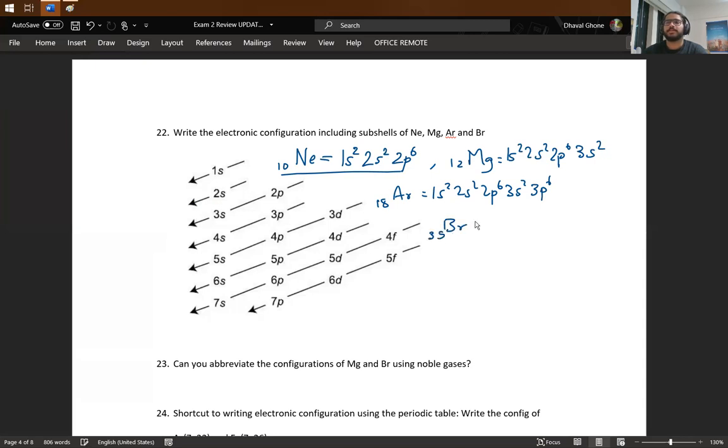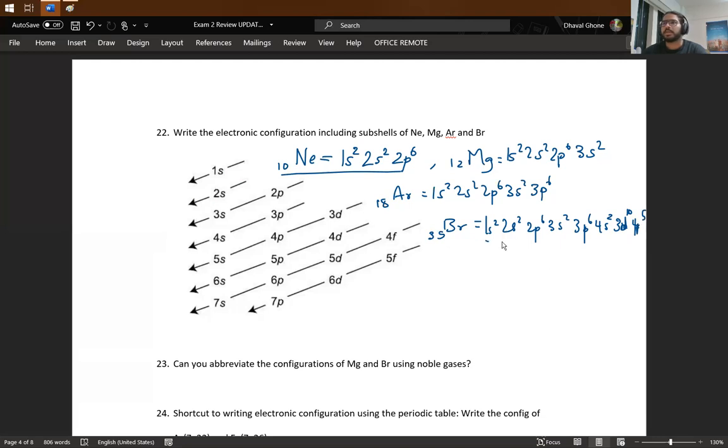Bromine is 35. Bromine's configuration is 1s2, 2s2, 2p6, 3s2, 3p6, 4s2, 3d10, and 4p5.